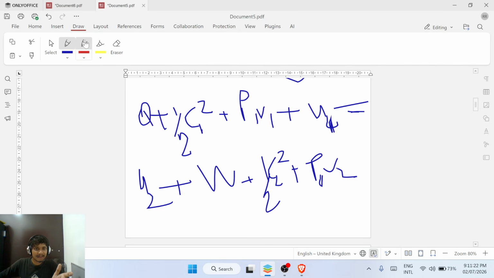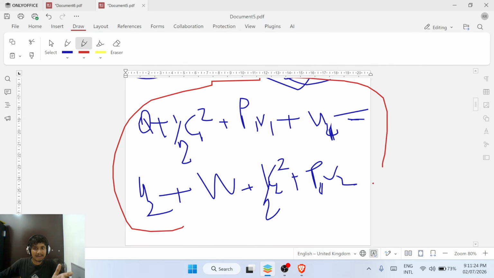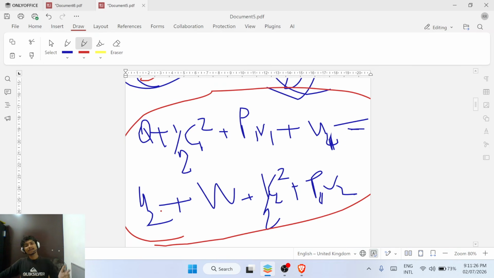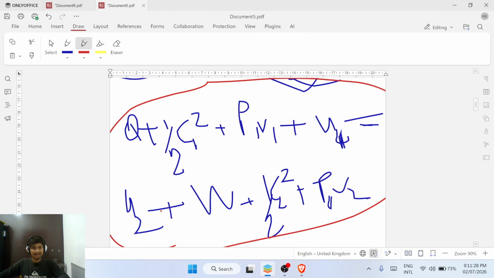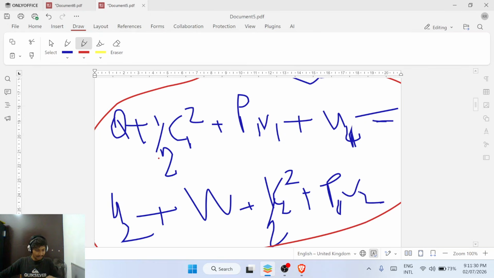Now we have derived the steady flow energy equation from the non-flow energy equation. Q plus half c1 square plus p1 v1 plus u1 is equal to u2 plus w plus half c2 square plus p2 v2.